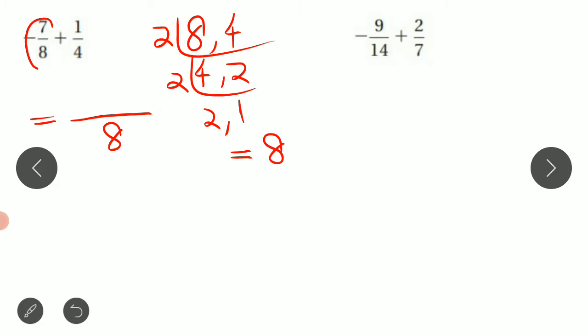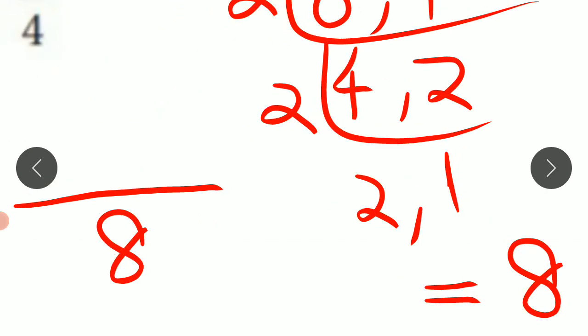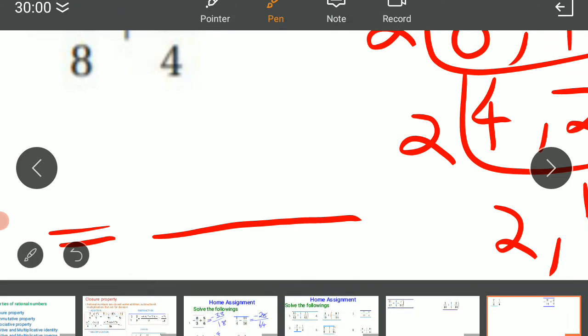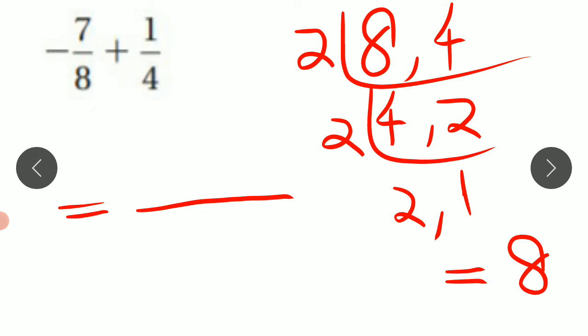Now come to the first rational number. So now the denominator is 8, which we found as the LCM. Take the first rational number and its denominator 8. What to be multiplied to get 8?